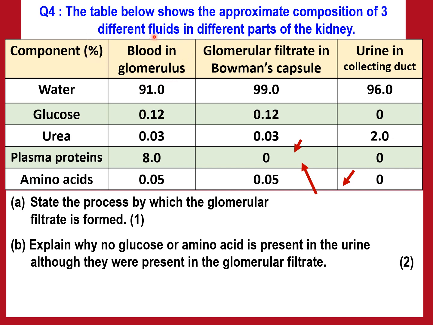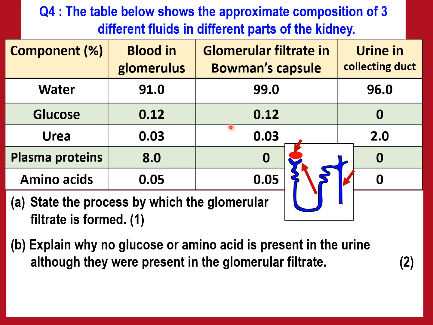The 3 fluids are blood in the glomerulus, inside the glomerulus here, which has not filtered out yet and is still inside the blood capillaries; then the glomerular filtrate in the Bowman's capsule, which is the filtrate formed after ultrafiltration; and lastly, urine, in the collecting duct here.